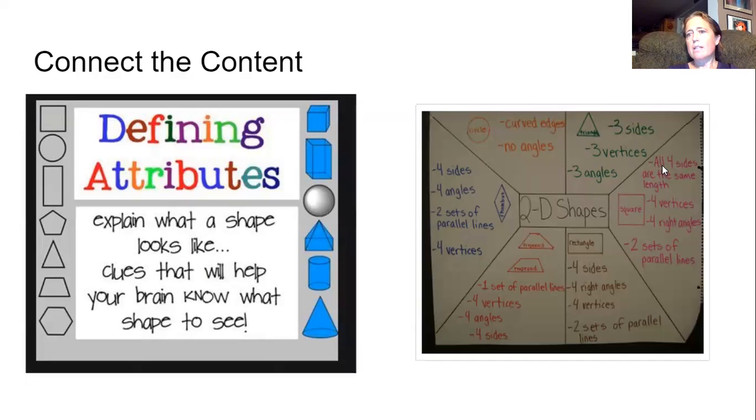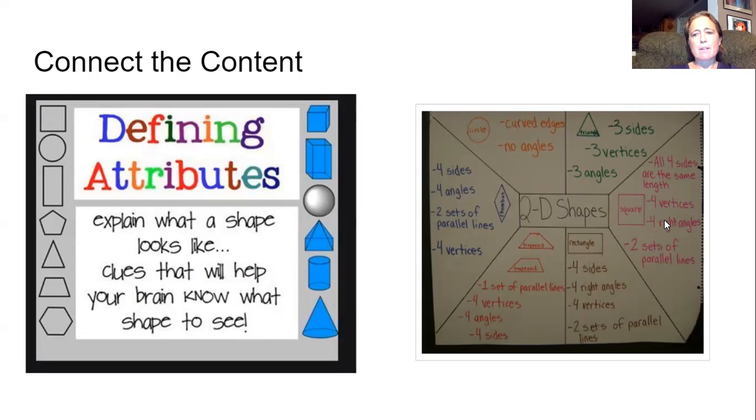A square's attributes are all 4 sides are the same length. They have 4 vertices, 4 right angles, which remember, right angles are like the edge of a piece of paper. If the angle is the same as a corner of a piece of paper, it is a right angle. And it has 2 sets of parallel lines. This one we're not going to be worrying quite so much about in second grade, but these 3 we do need to know.